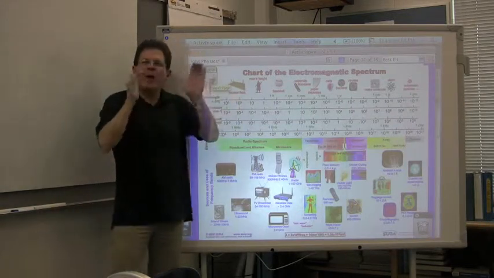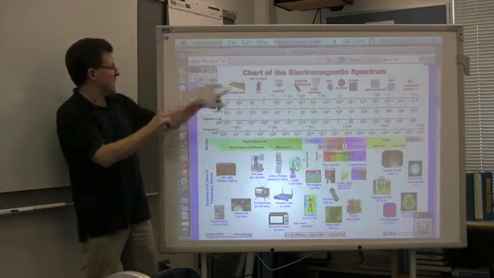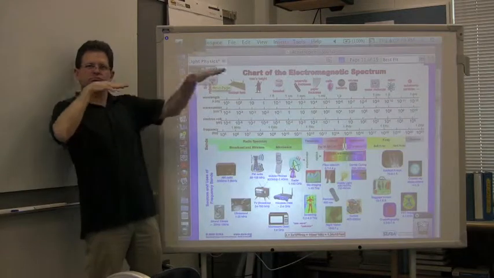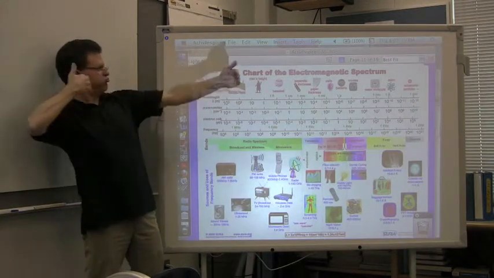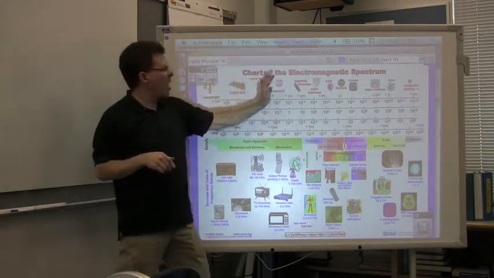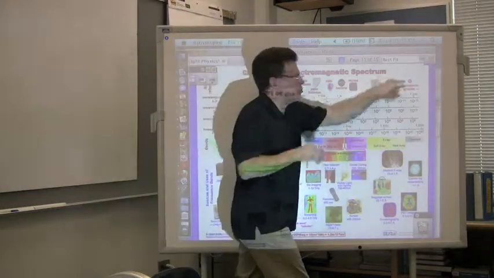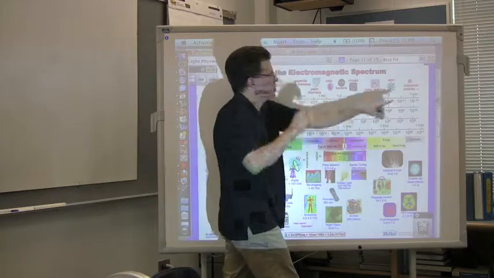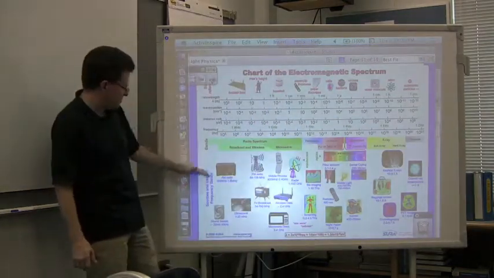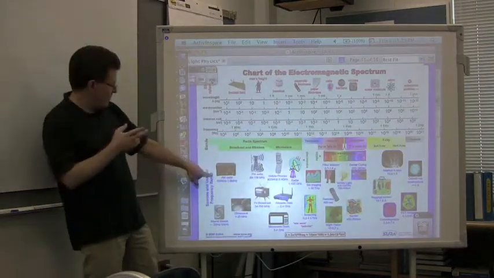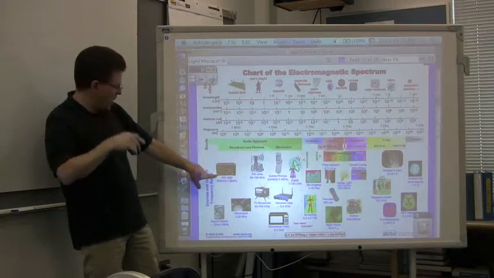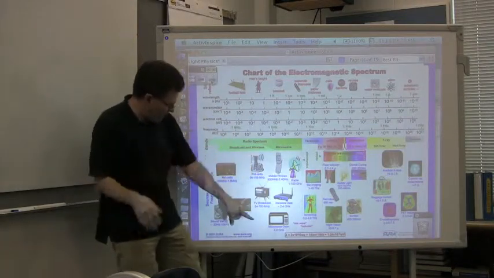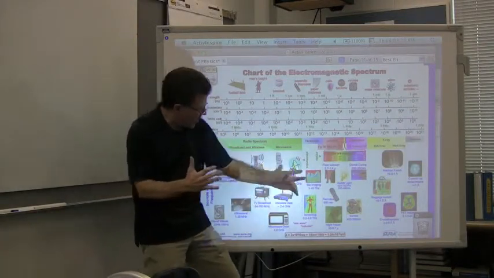Okay. Now comparing the waves, the size of a football field, if you can imagine, a very large area, all the way down to right here, which are subatomic particles. And if you use a radio, of course, this is an old AM radio versus a microwave here.